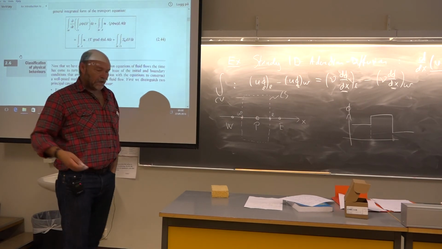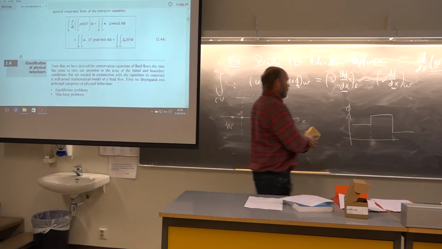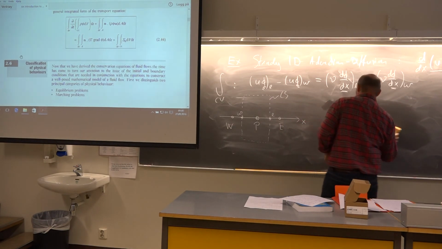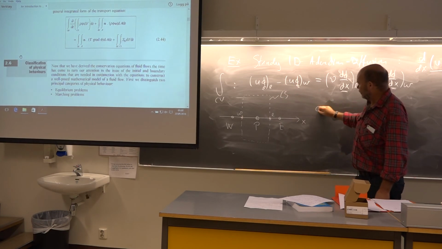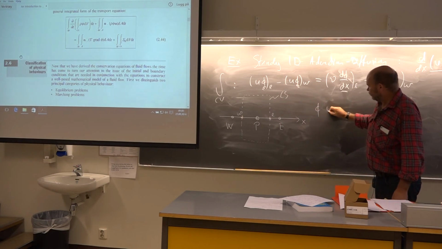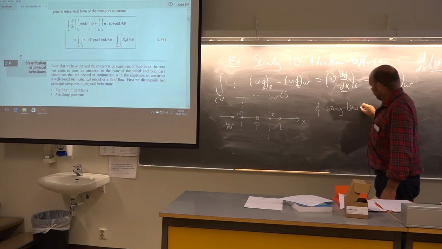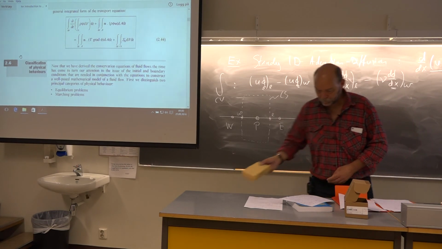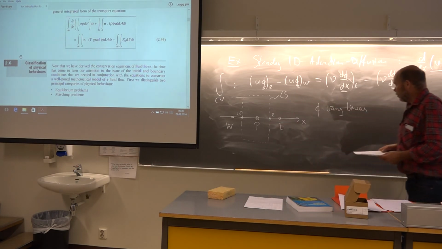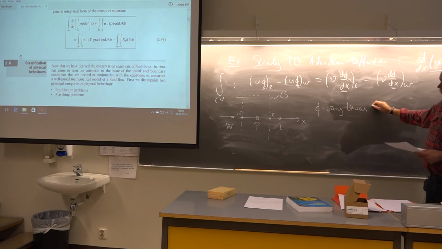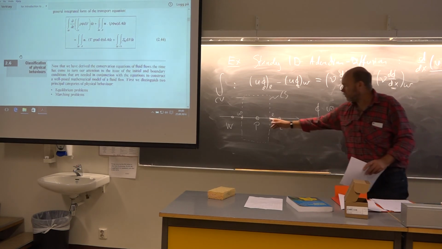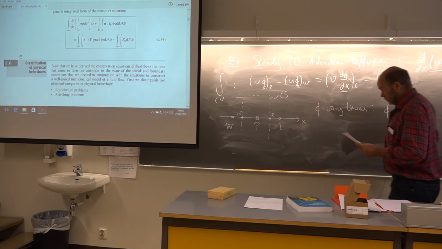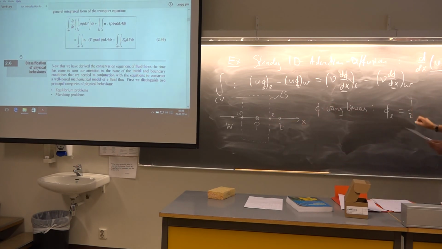Okay, we go to the next level and say linear variation. Phi may vary linearly inside the volume. Linear. Okay, what do we get? Then we will have phi on the eastern boundary here. Then we just take the average, of course. One half of, what will it be?